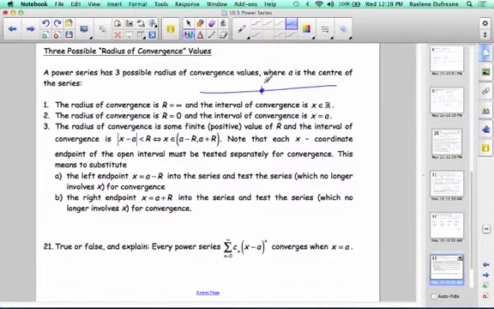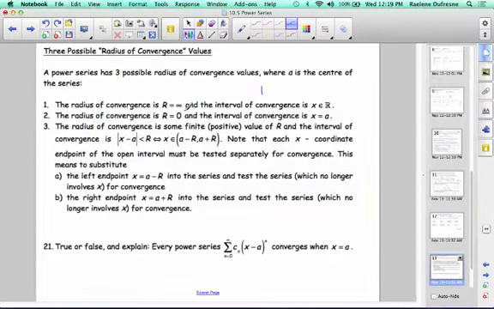So we could have the center being 0, and we could go to positive infinity on the right and negative infinity on the left. So those would be the x values which make the power series converge. But we could also be starting at -8 and then going positive infinity to the right and negative infinity to the left, and that would still be the center of convergence of -8 with a radius of convergence of infinity.